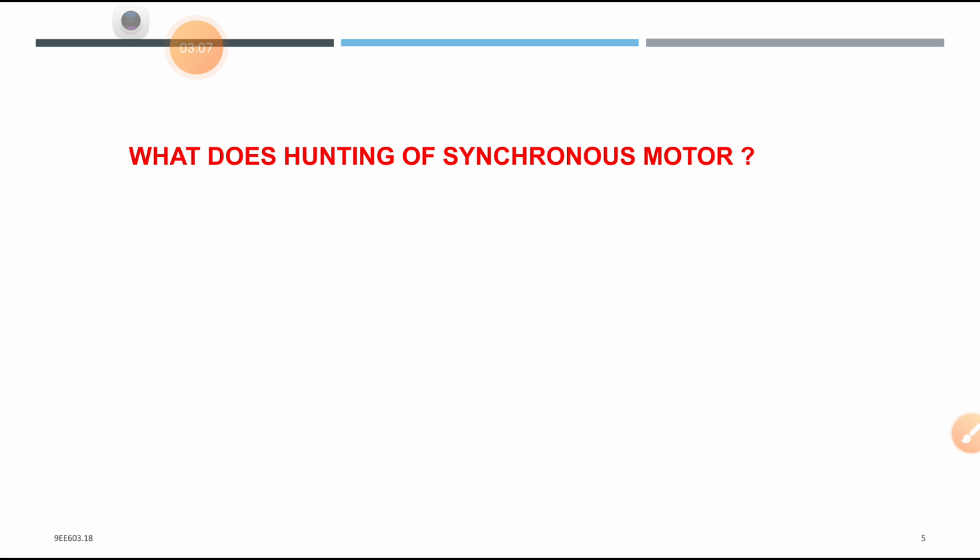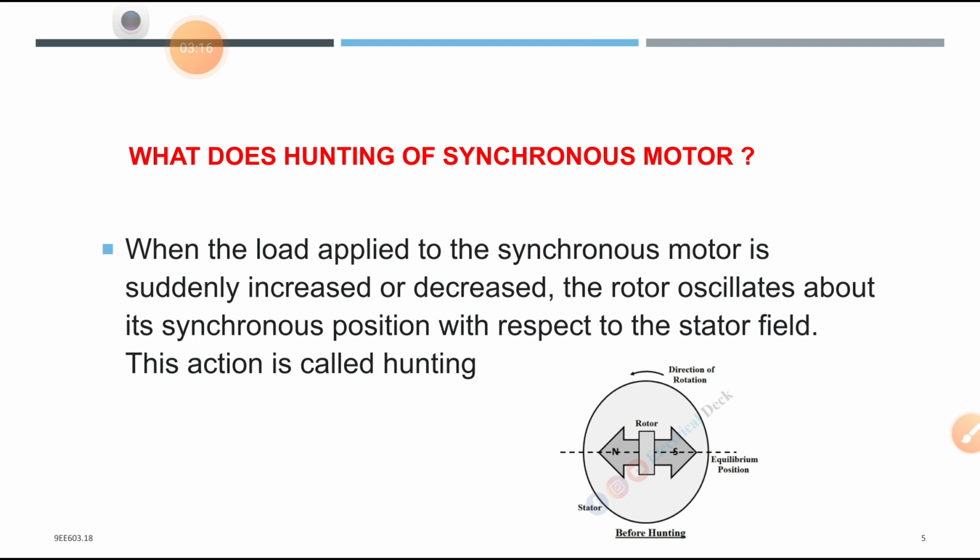Let us see, what is hunting of synchronous motor? When the load applied to synchronous motor is suddenly increased or decreased, the rotor oscillates about its synchronous position with respect to the stator field. This action is called hunting.